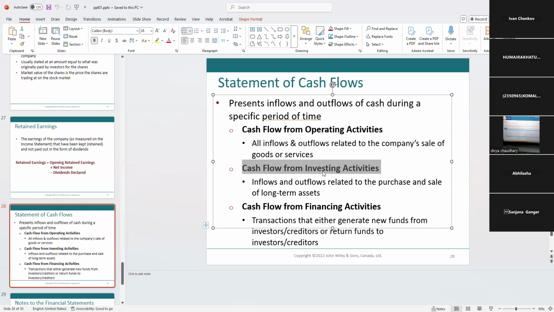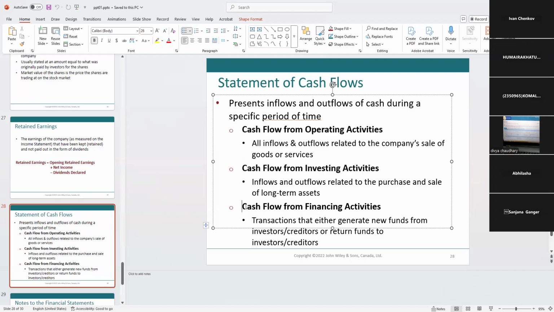If the company has too much cash, the company can invest in its own existence for the future, and the company can purchase long-term assets. Obviously, the company can sell those investments or assets, and that will be the inflow.